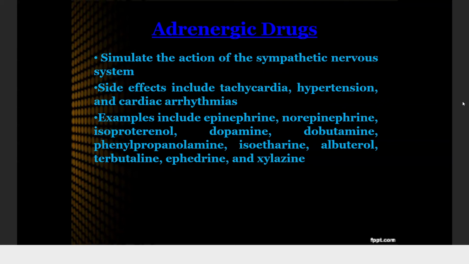Examples of drugs that act as adrenergic drugs: we have epinephrine, norepinephrine, isoproterenol, dopamine, phenylpropanolamine, albuterol, terbutaline, ephedrine, and xylazine. Can you remember all these drugs? It's difficult to remember. So what I do is you just remember the most commonly used adrenergic drug, which is xylazine. Xylazine is the most common adrenergic drug used.